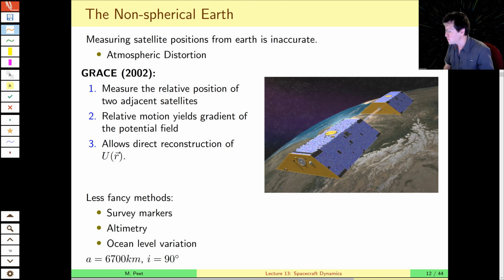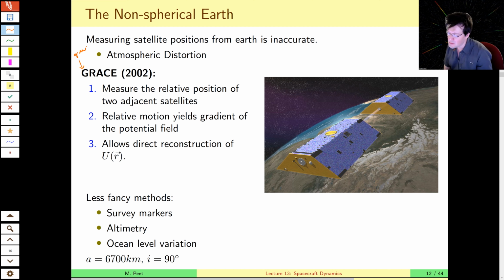And so a later attempt to measure this potential field directly was the GRACE project. I apologize, I had no recollection of what GRACE stands for. I assume it's gravity. Gravity, okay, that's the only letter I can guess.